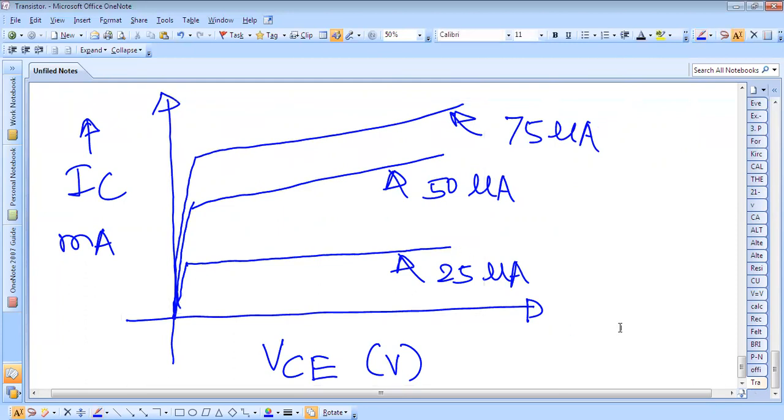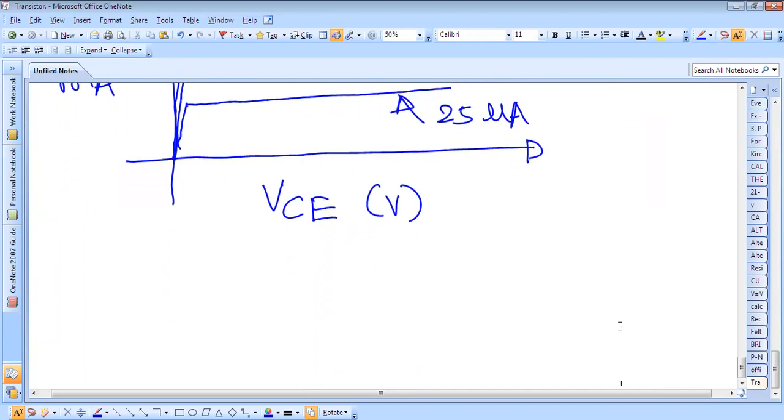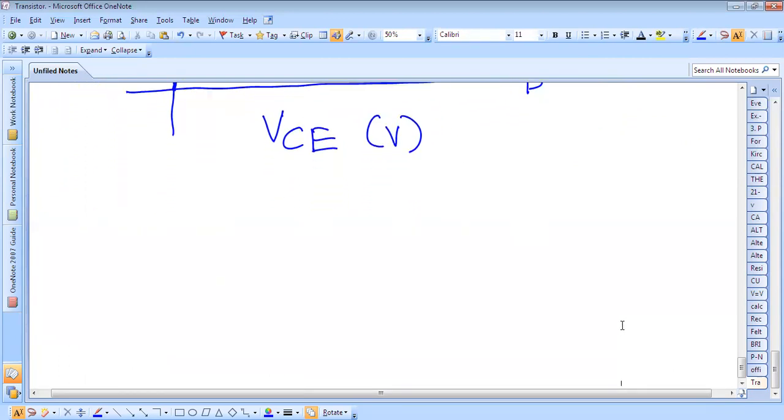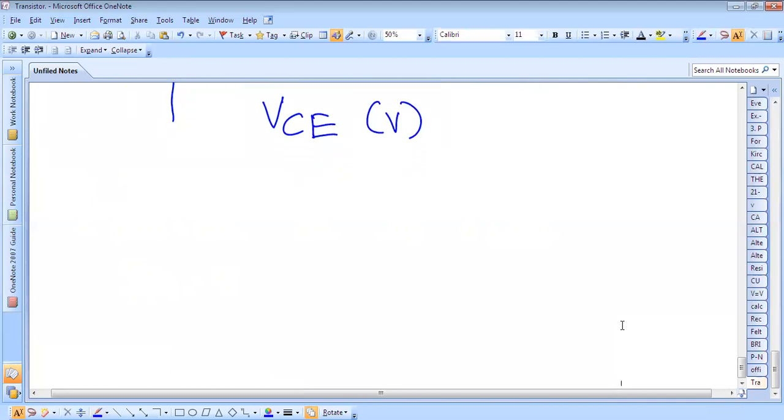And again we can draw one more characteristic between the collector current and base current. Here the emitter is common, therefore we can also find a relationship between collector and base current.